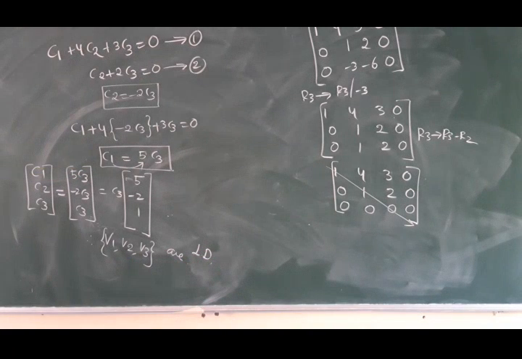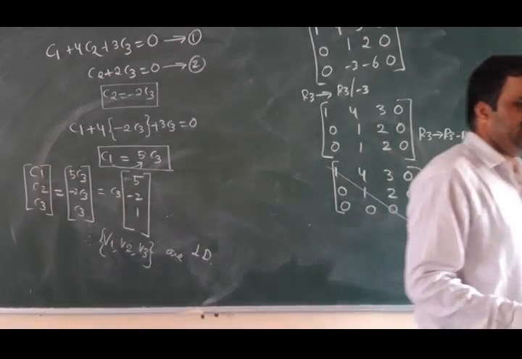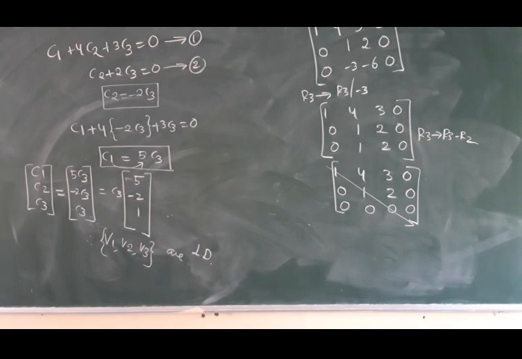Actually we had to check whether they are independent or not, but we got dependent. He gave the polynomials, we converted them into vector form and solved. We got C1, C2, C3 values not equal to 0, so the given vectors are linearly dependent.